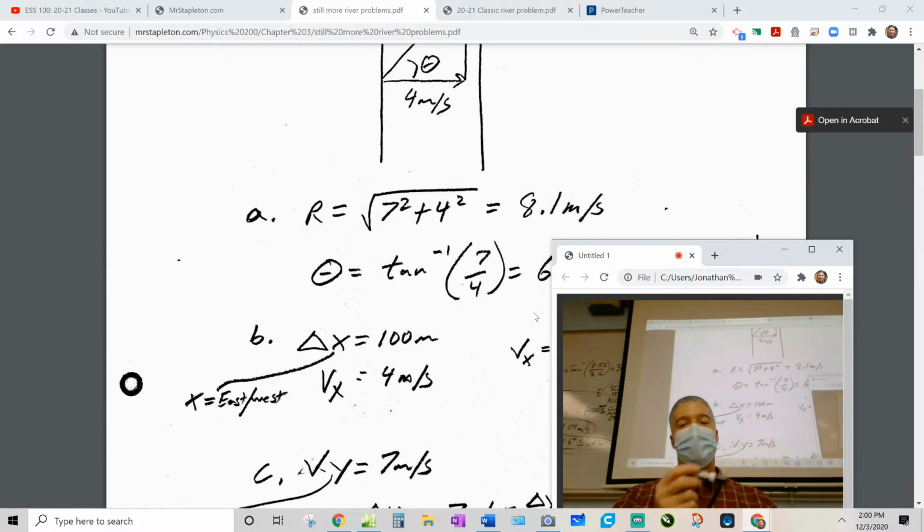So if I have something with negative velocity and positive acceleration, what's it going to be doing? Going left. Negative velocity is easy. It's going left, but what's it doing? It's accelerating to the right. Yeah, it's slowing down. And eventually it's going to stop and it's going to come back to the right.